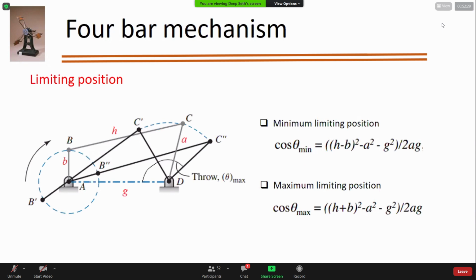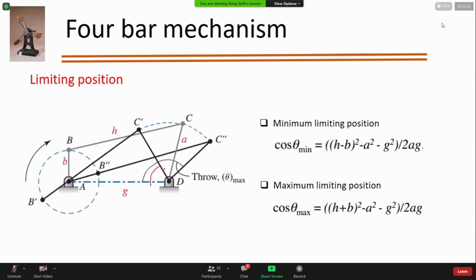In this limiting position, you will have one minimum limiting position and a maximum limiting position. So what is the minimum limiting position? In the minimum limiting position, you will have this B on the opposite side, and this link will be here from C to B dash. That's your minimum angle that you are forming over here.